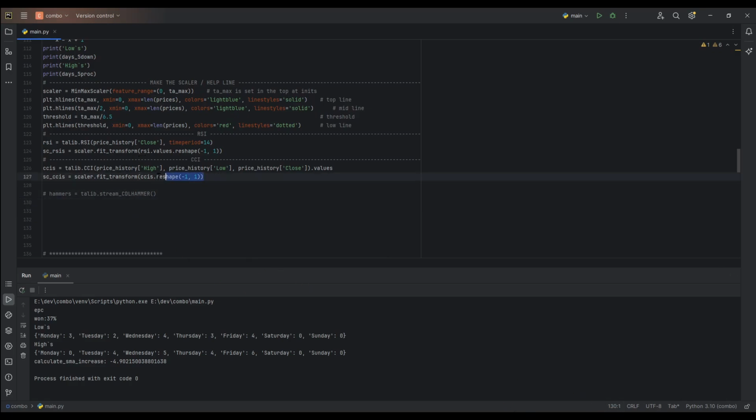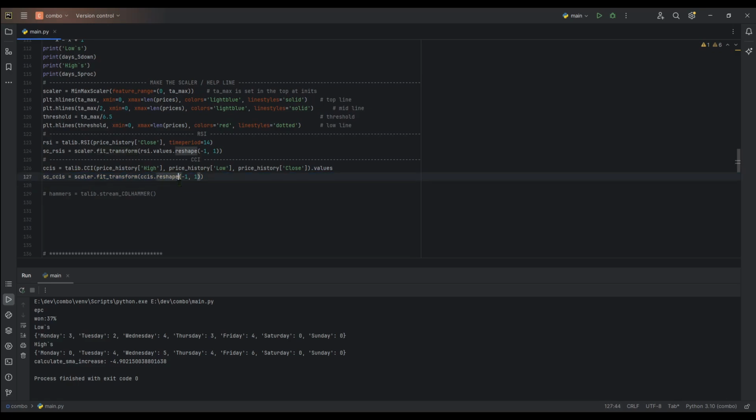So what I did was use a little piece of code I already have that I used to pull this stuff from a function out of TALIB, and also transform it a bit, scale it, so that it's ready to go for the matplotlib chart.